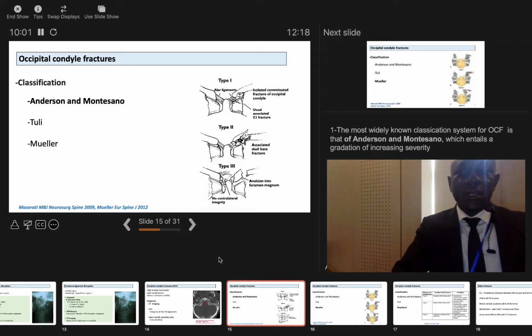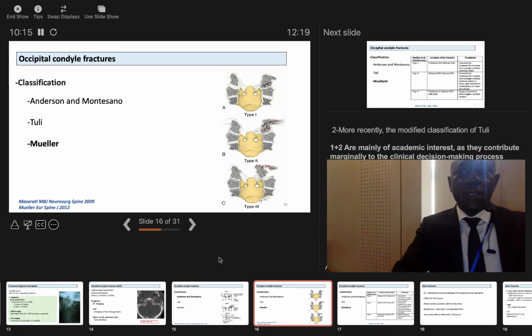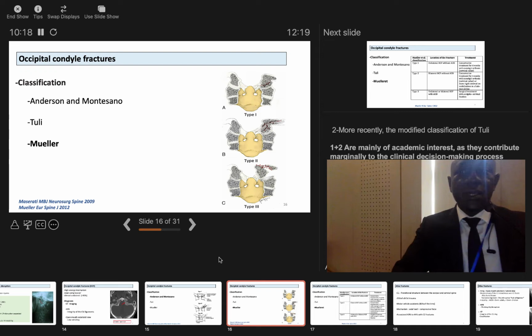It goes from type 1 to 3, and this classification has more recently been modified by the classification of Tuli, but the two previous classifications are mainly of academic interest, as they contribute marginally to the clinical decision-making process. There is a New York classification system by Mueller, which is more useful in the treatment algorithm of this lesion.